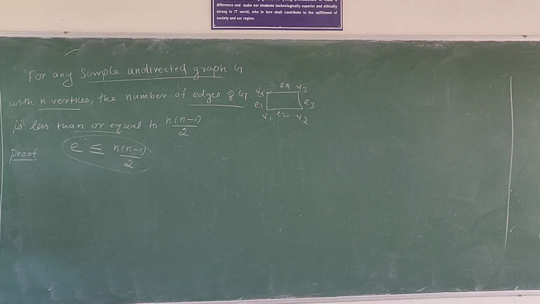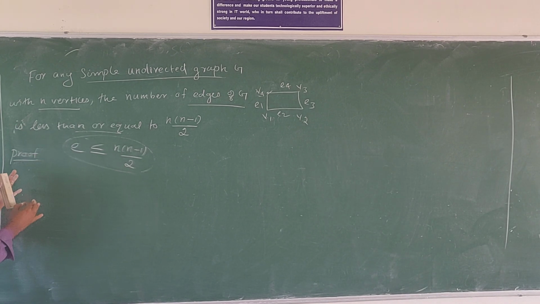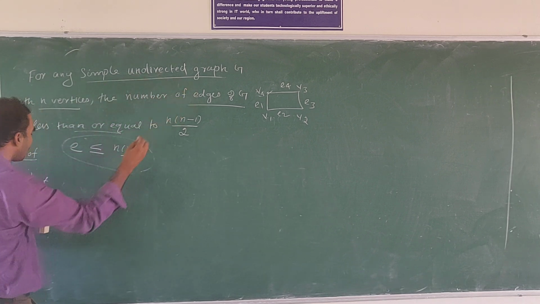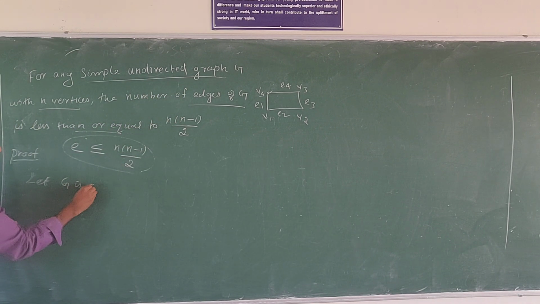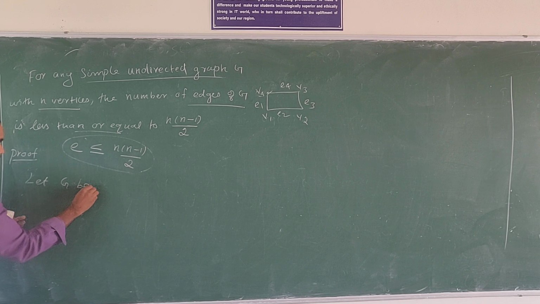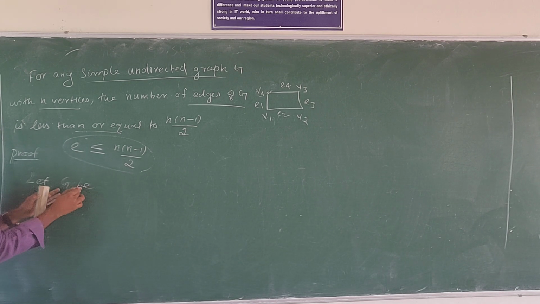Okay. Listen, to start the proof, we have to take the statements from the theorem. Here they have given a simple undirected graph.